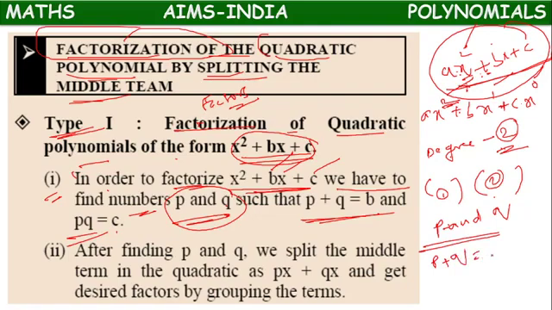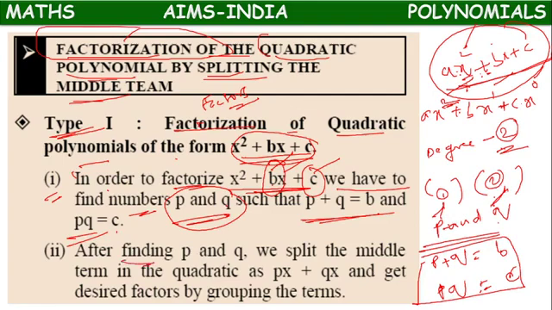The sum of the two numbers should be equal to the coefficient of x, here b, and the product of the two numbers is equal to the constant c. So the two numbers should satisfy these two conditions. Like that, we have to find two numbers.